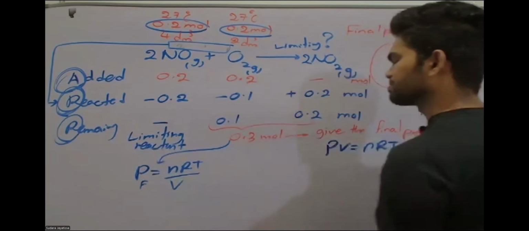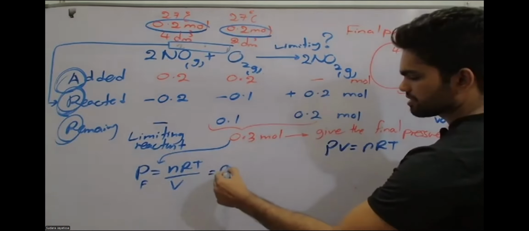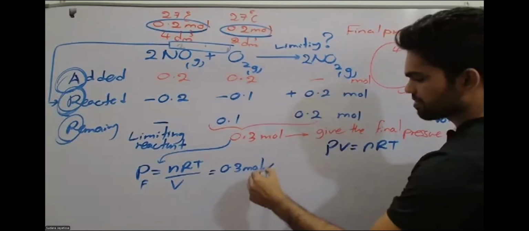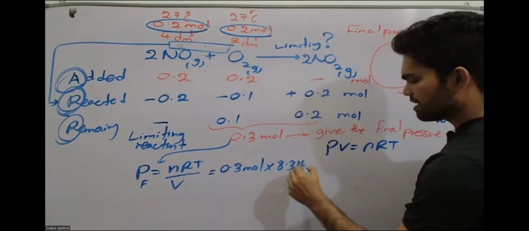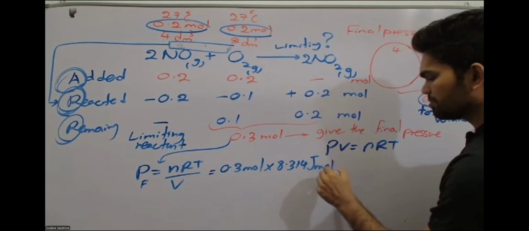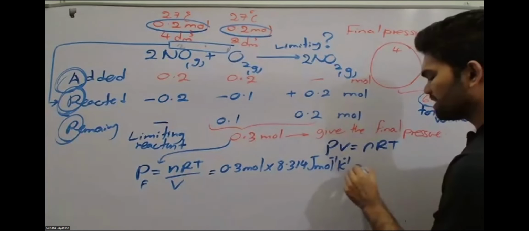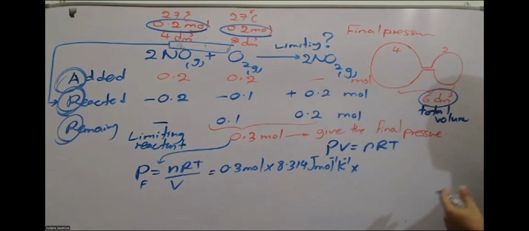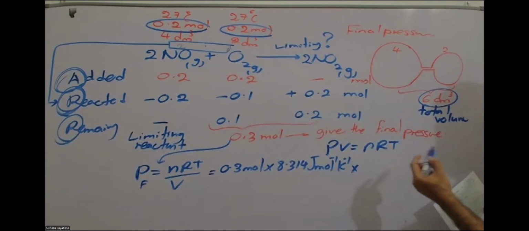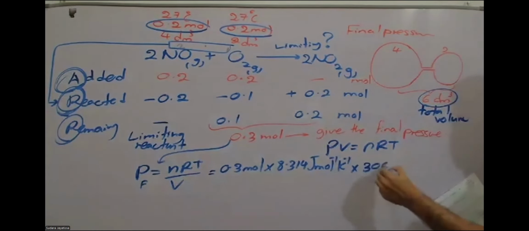Total moles 0.3 will be there, and the R value is 8.314 joules per mole per Kelvin. That constant value you will be given in the exam. And the temperature you have to apply in Kelvin, 300 Kelvin.